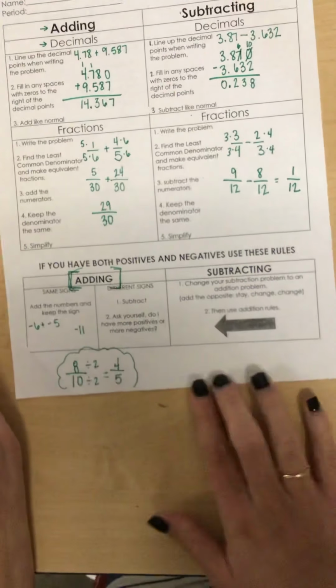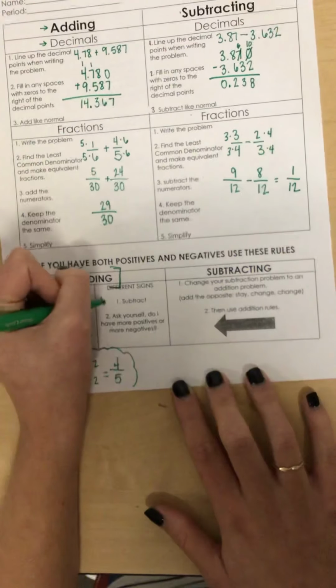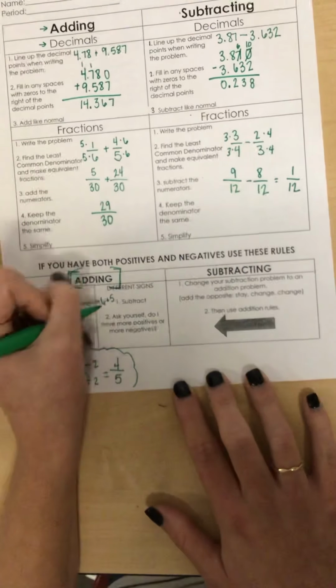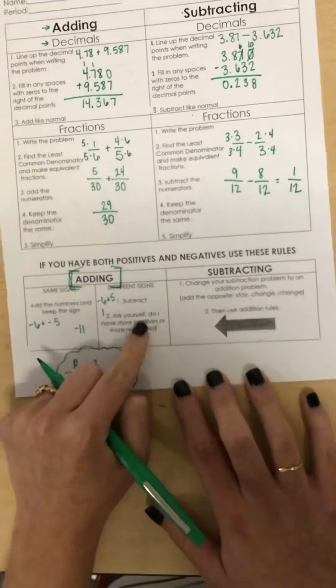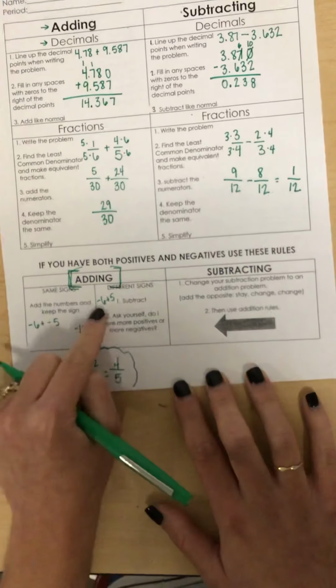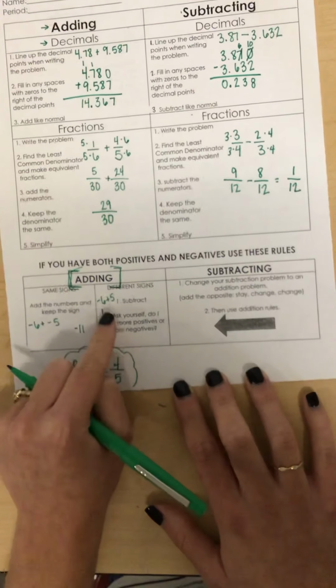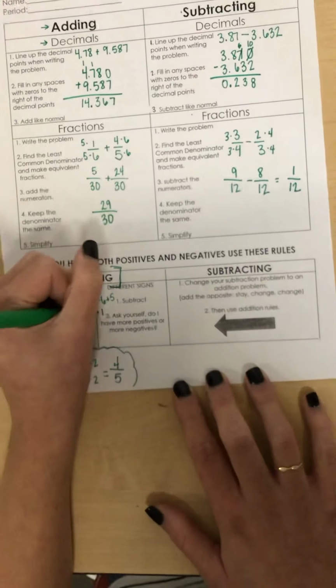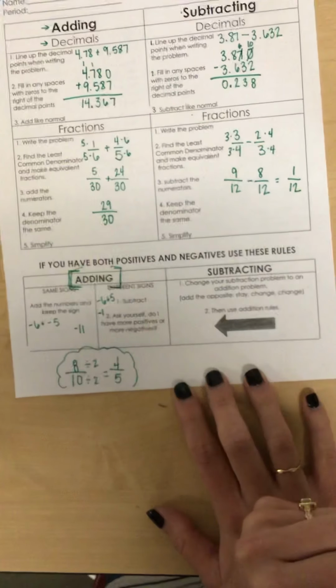Okay, if you have different signs, -6 plus +5, first thing you're going to do is subtract. 6 minus 5 is 1, and then you ask yourself, do I have more positives or more negatives? Here I have more negatives, because I have 6 negatives and only 5 positives. So since I have more negatives, my answer is negative.